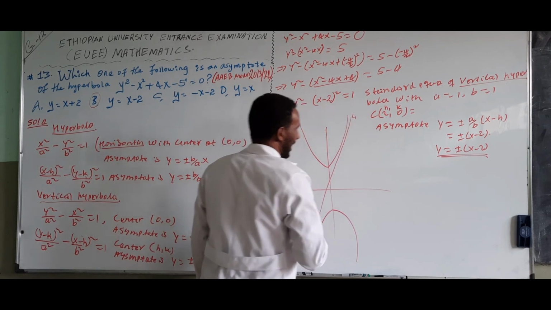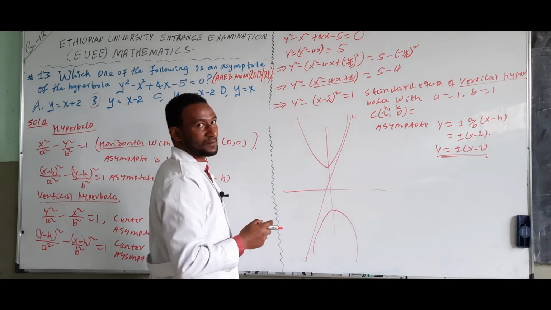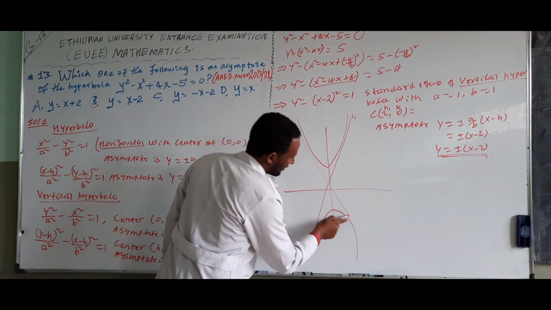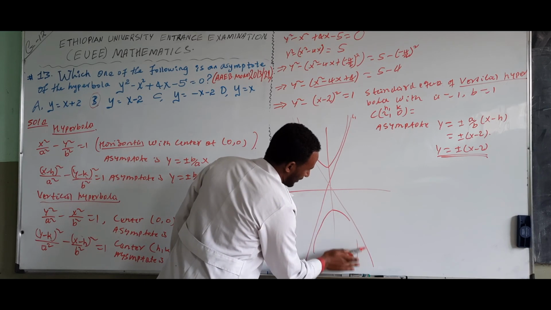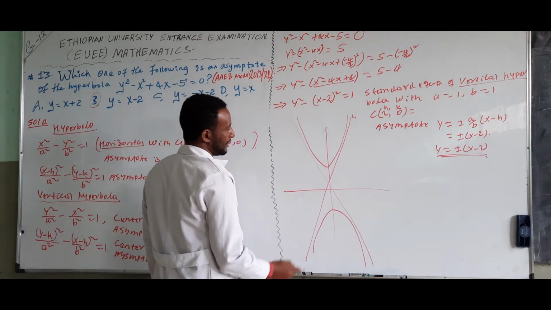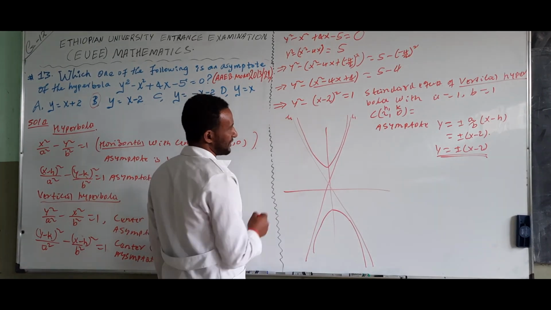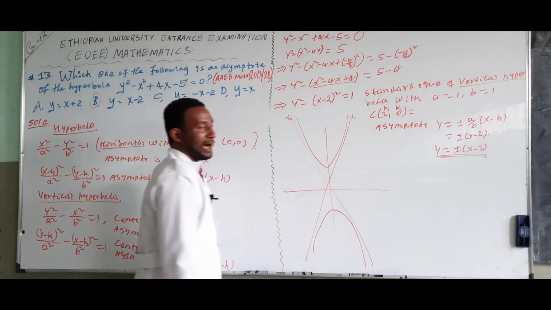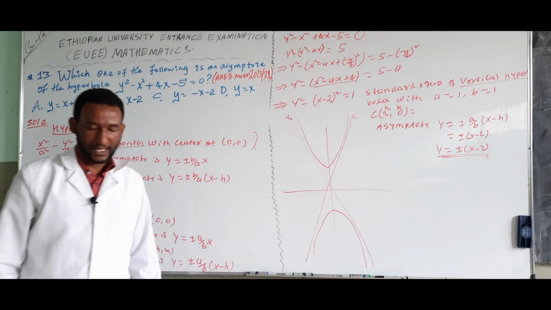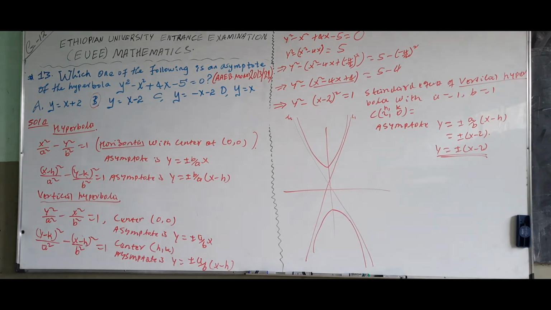This is the asymptote with positive slope, and the other one is this asymptote when this is a hyperbola like this one. Therefore, this is L2. When we say L2, this is the other asymptote of the hyperbola. Therefore, the answer is B.